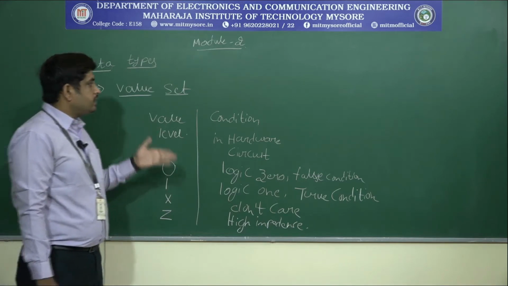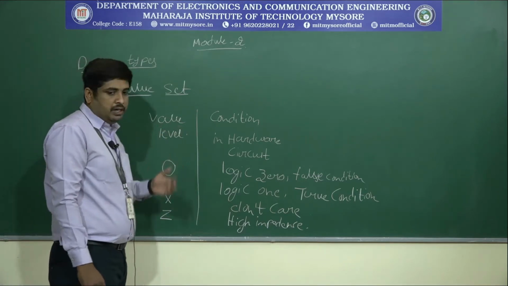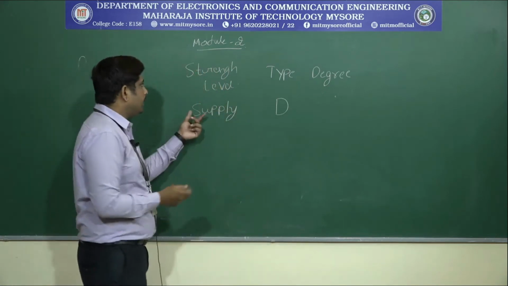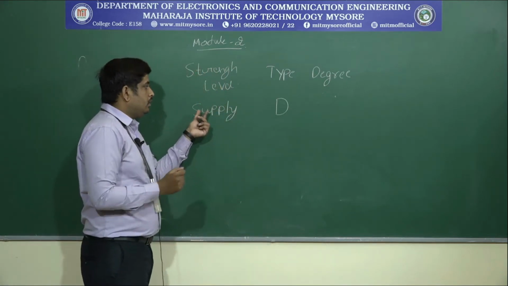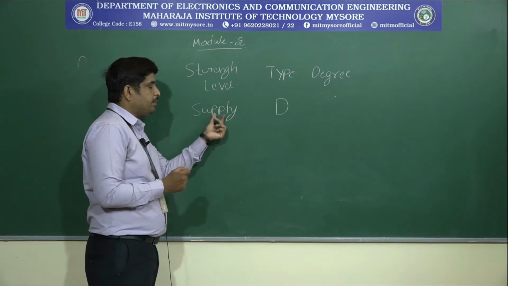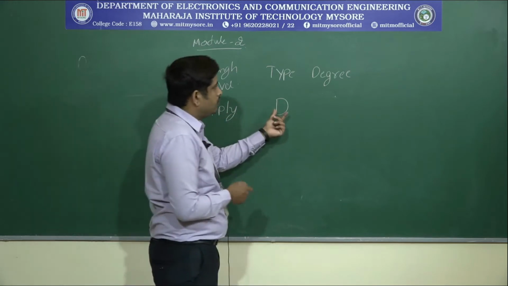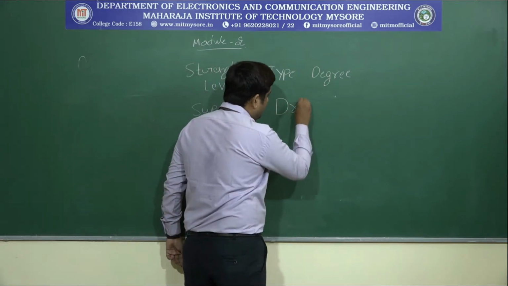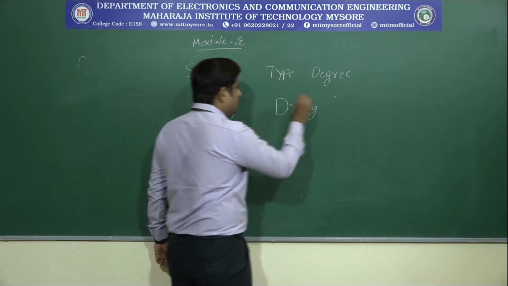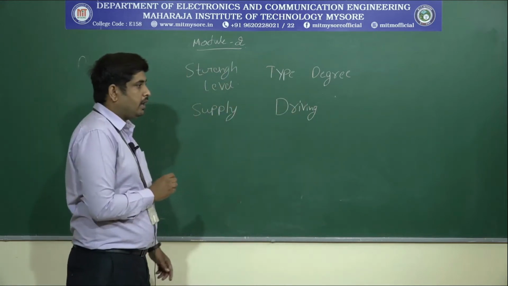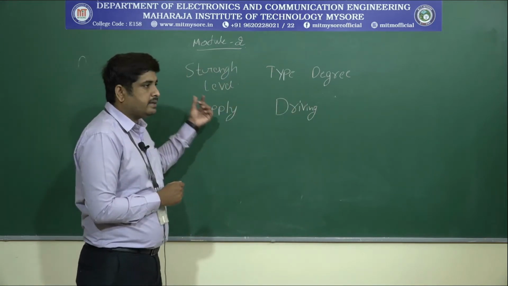There are 8 strength levels belonging to Verilog HDL. First one, supply. Here supply 0 or supply 1 depends on whatever input you apply. Supply belongs to driving, so we have to drive a supply signal.